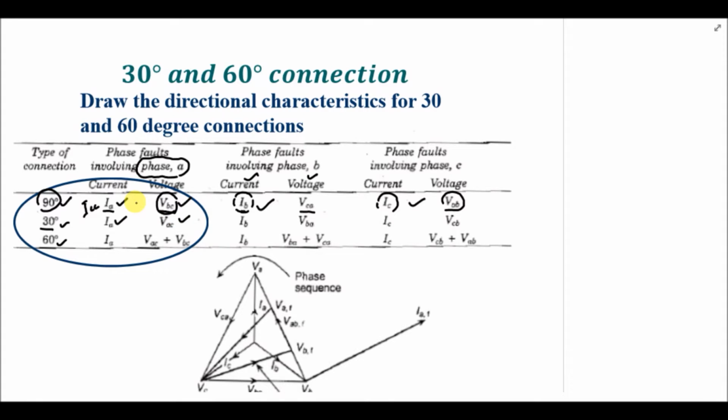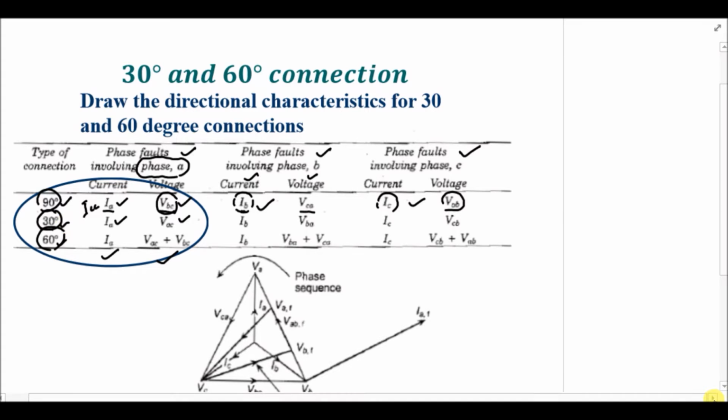Similar to the 90-degree connection, we can have a 30-degree connection as well as a 60-degree connection. And for different phases, phase A related fault, phase B related fault, as well as phase C related faults, we will have a combination of currents as well as different voltages, and that depends on the phasor diagram representation that we did in the last lecture, that is, what VPC should be used for what type of connection.